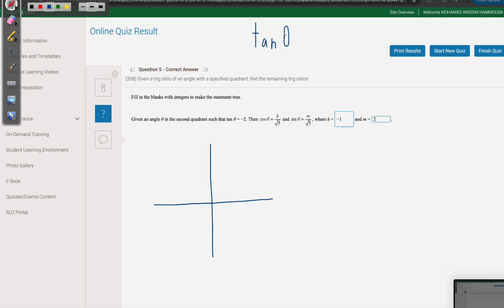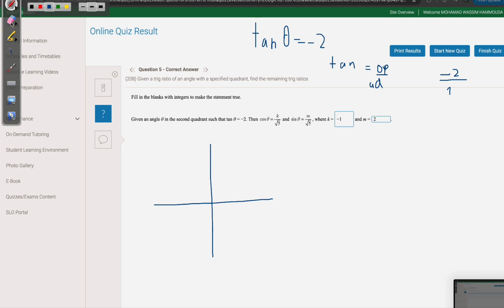So tan theta is equal to negative 2. What is tan equal to? Opposite over adjacent, right?